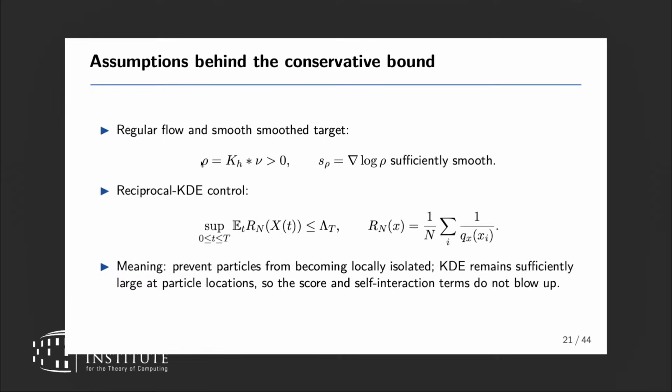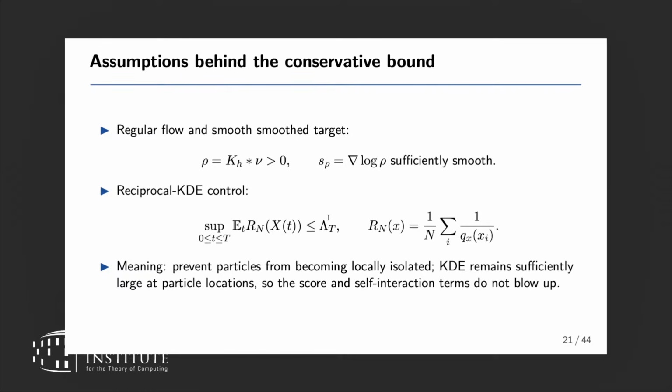So the first assumption is something called the reciprocal KDE control. If you look at the velocity field's definition, there's a score which is going to give you a KDE in the denominator, right? So the average of the inverse KDE, the KDE evaluated at each of the points, we need to have over the entire trajectory range to be of some finite order, delta t, lambda t, right?